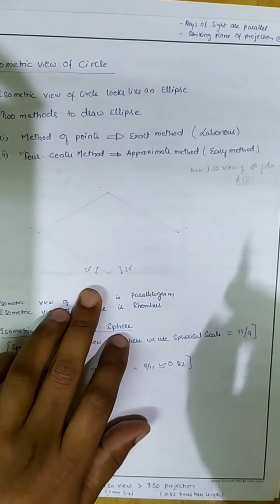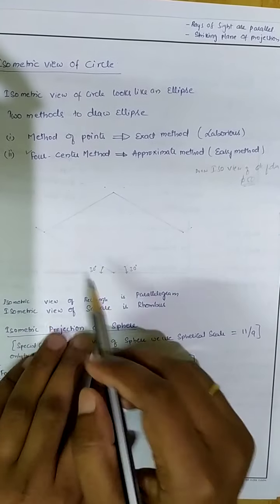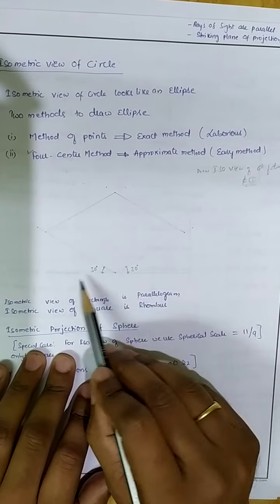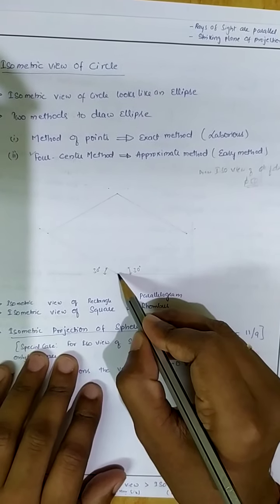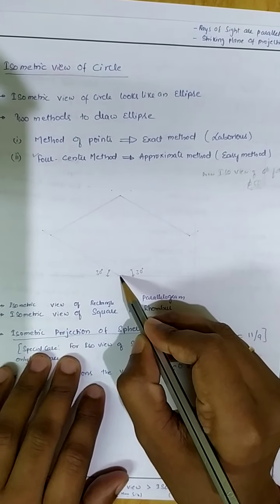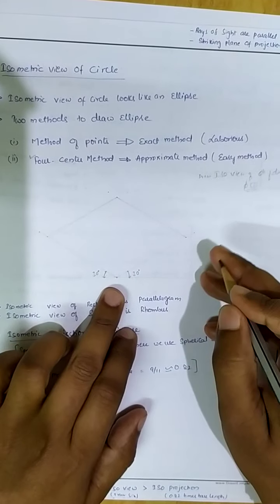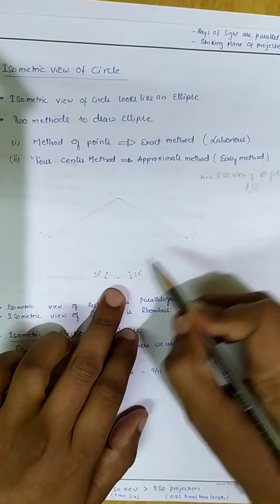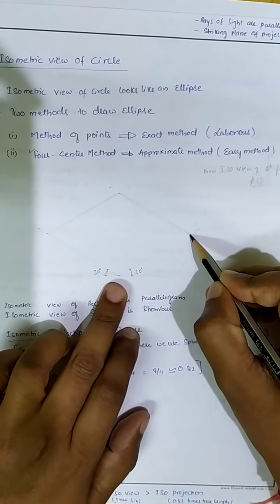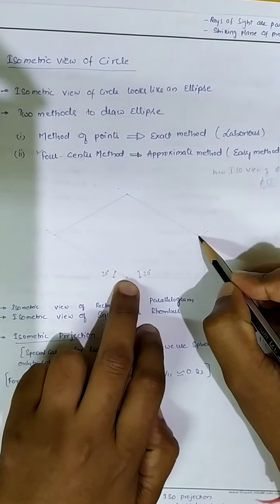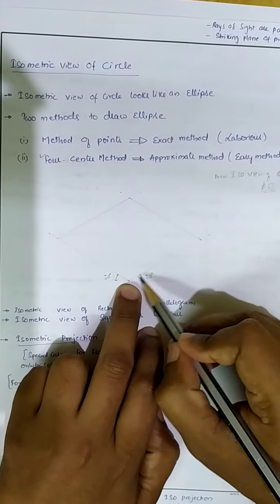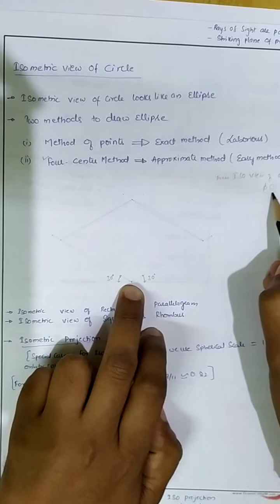If the question is given like this, we will consider one baseline. With respect to this base, I will consider one point. With respect to this point, with the help of the protractor I have taken two 30-degree lines. On these two 30-degree lines I have considered the size, that is 50 mm. This size will be equal to the diameter of the circle.